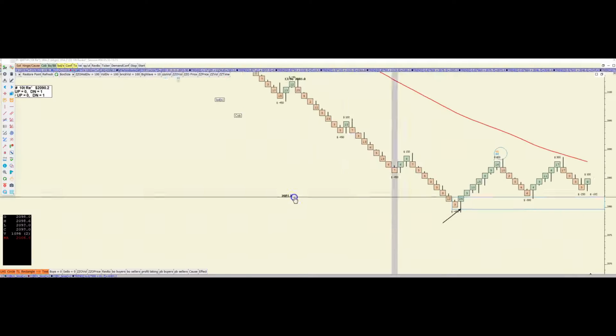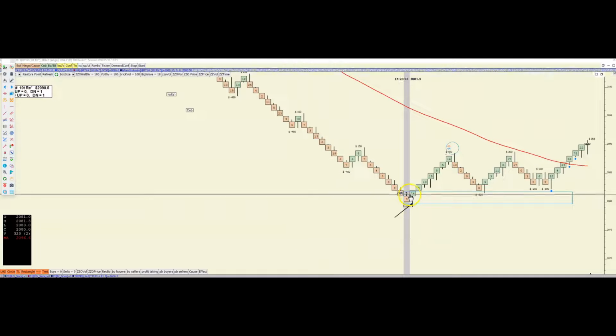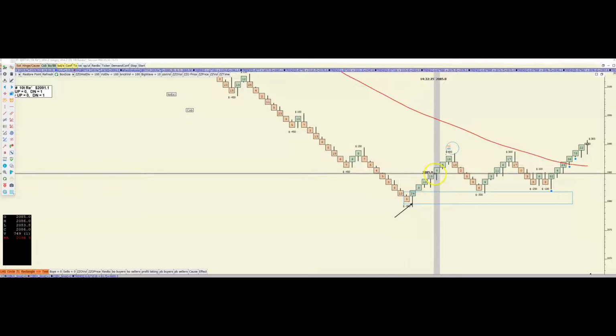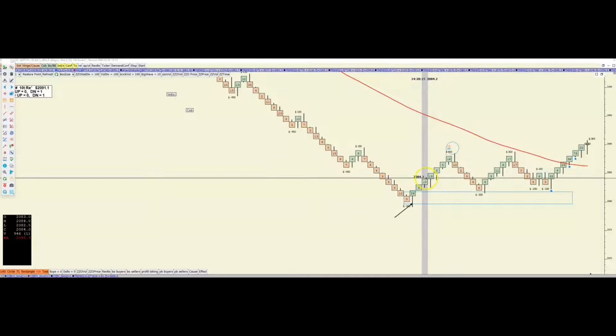So what helps legitimize pressure, a sign of strength or sign of weakness, is volume off the bottom and volume off the top, or the breakout.